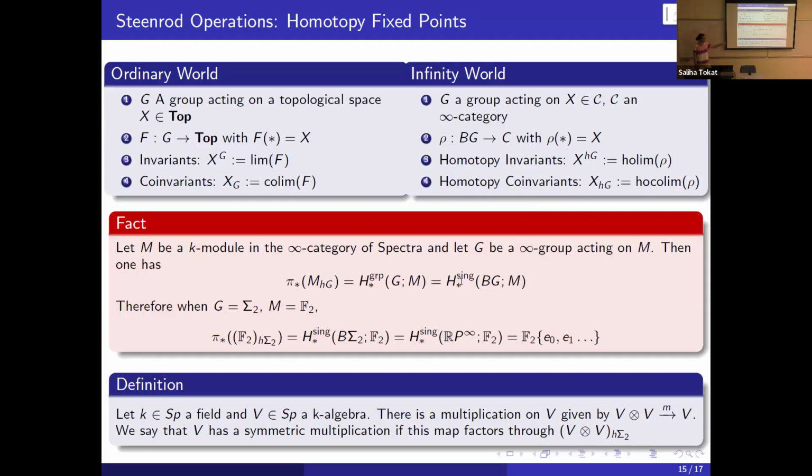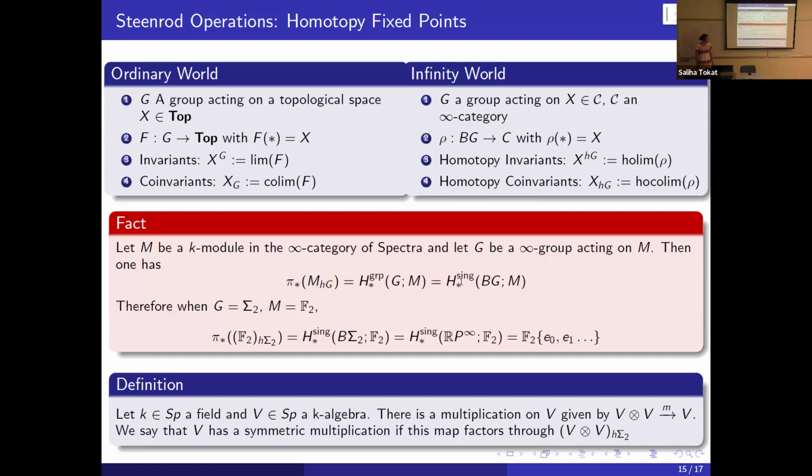Then the homotopy groups of this are the same as the singular homology of RP infinity with coefficients in F2, and this is nothing but a generator in every single dimension, each copy of F2. The generator is e_i.